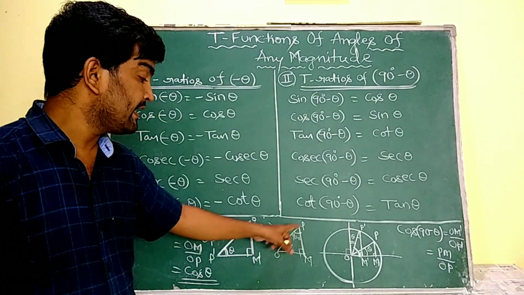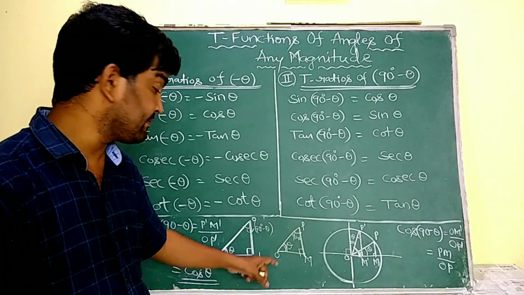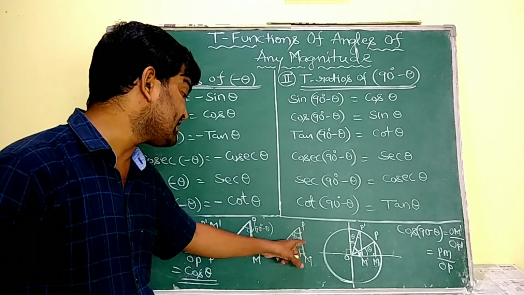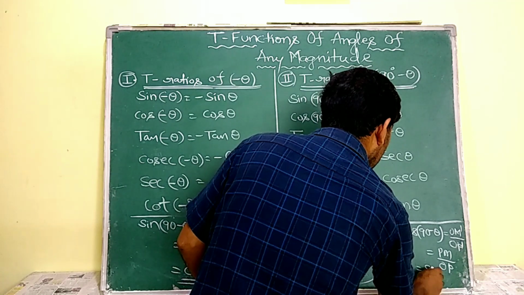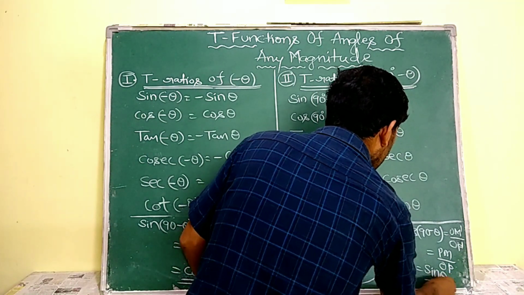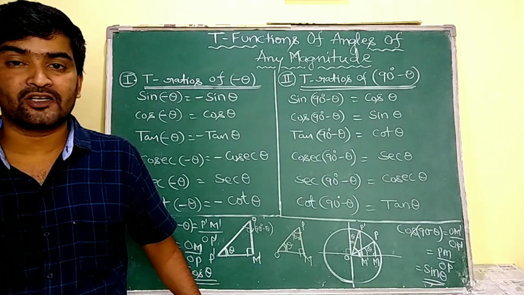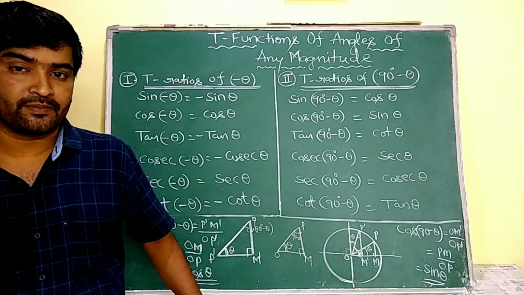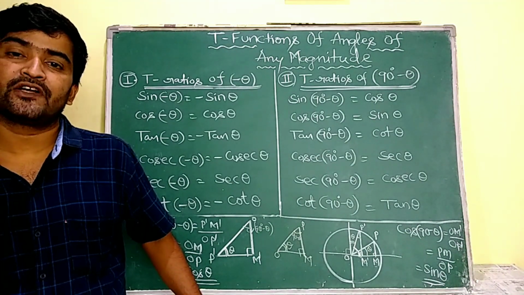Now in this triangle, with respect to theta, PM is the opposite side and OP is the hypotenuse, that is sin theta. Similarly we have to find all the six trigonometric ratios. We already discussed it in the fourth part of trigonometry. If you want, watch that video again.